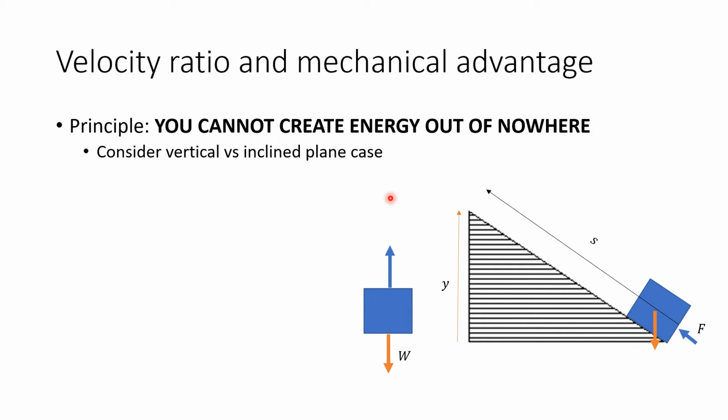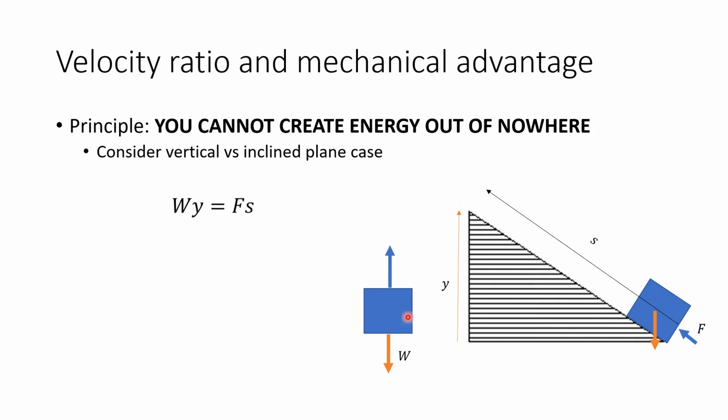From the conservation of energy, you would know that the work done to lift this weight all the way to the top is calculated as W multiplied by y. Alternatively, you could say I'm using this force F, which is smaller than the weight W, but I push it for a longer distance S. By doing this, I would achieve the same amount of work by pushing it through the gravitational potential energy.